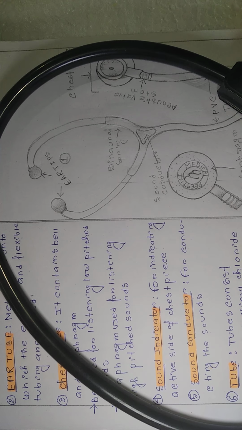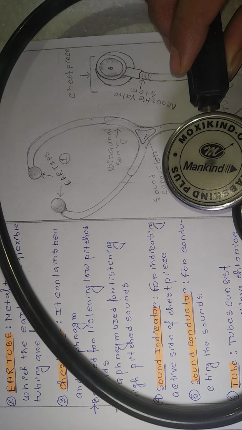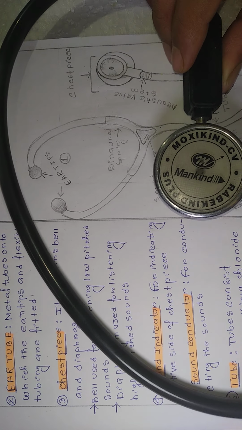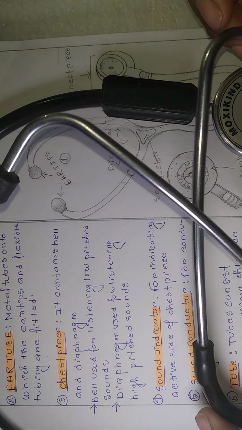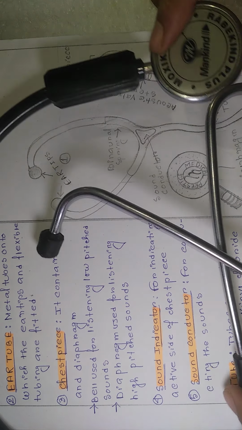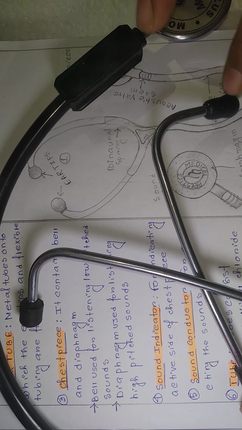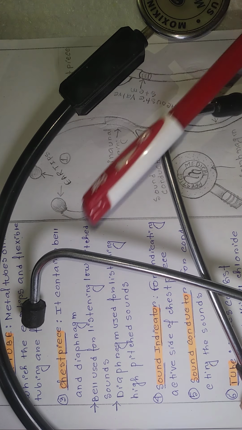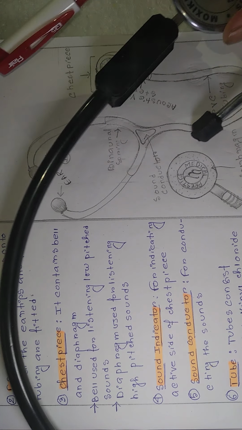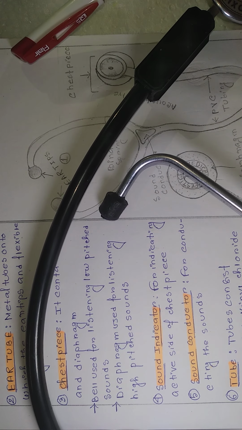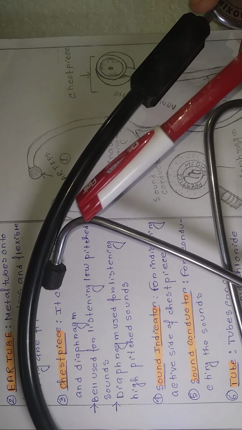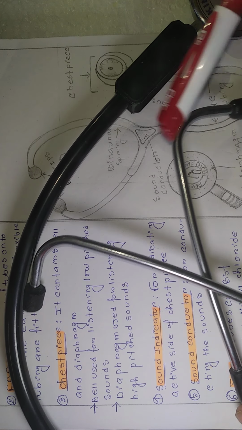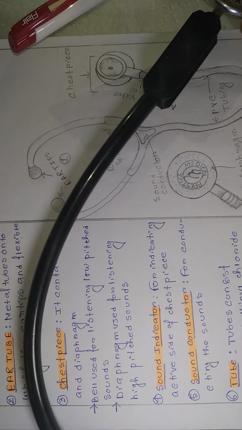First, we will see the portion that is the ear tip. These two, 1 and 2, are called the ear tips. We should fit the ear tip into the external ear canal.